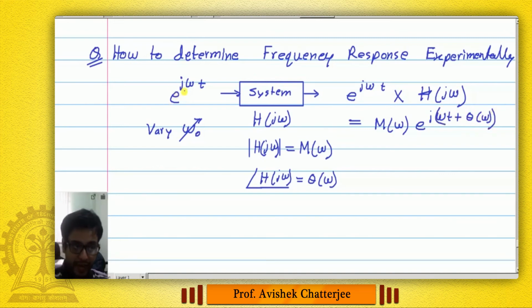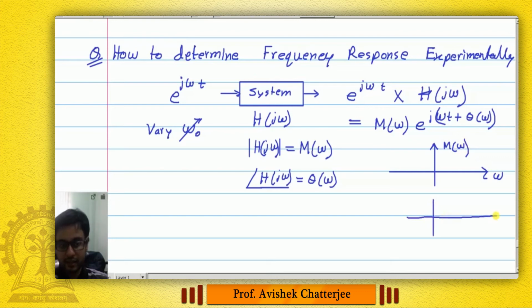Now you can vary this input frequency ω from minus infinity to plus infinity and record the output, measure these two factors M(ω) and θ(ω), and then plot M(ω) and θ(ω) as a function of ω like this. That way you can get the frequency response.